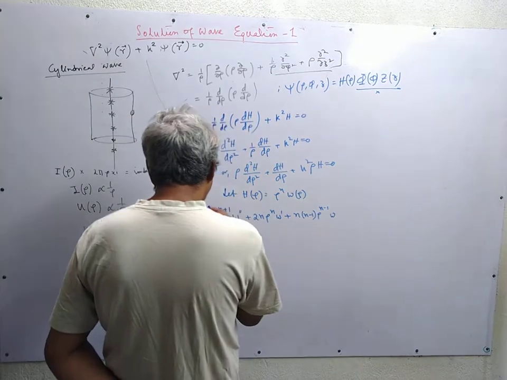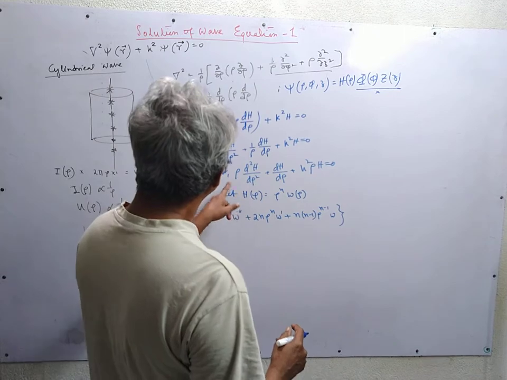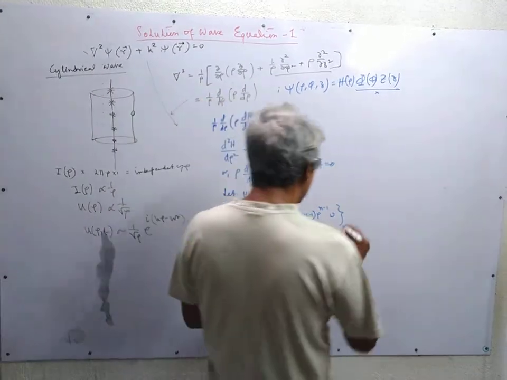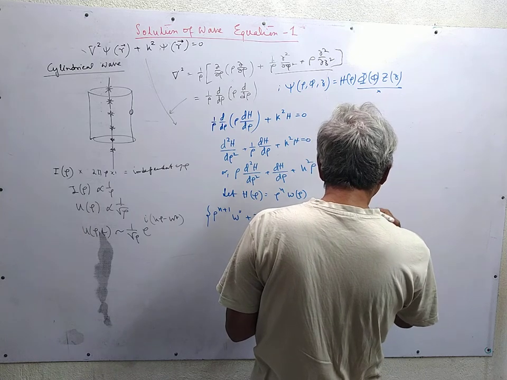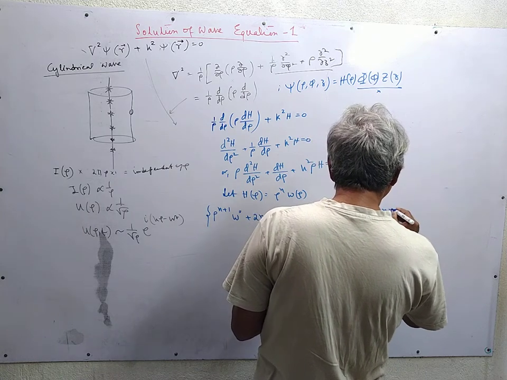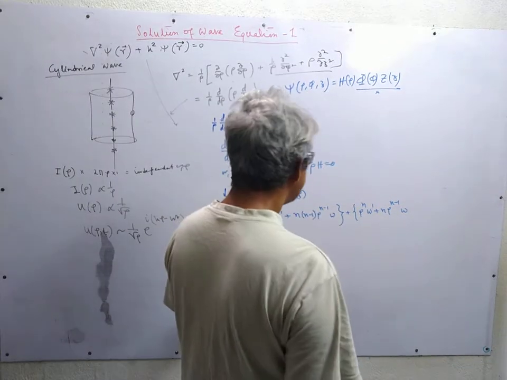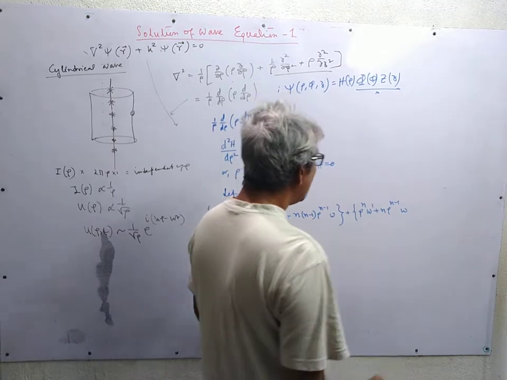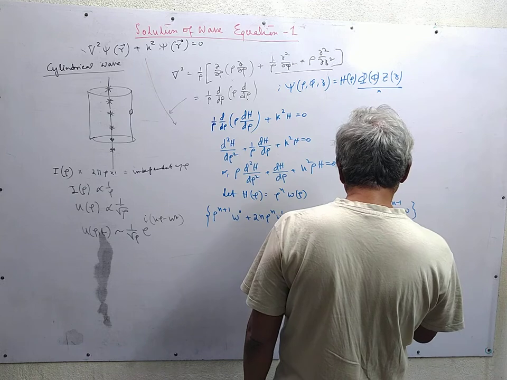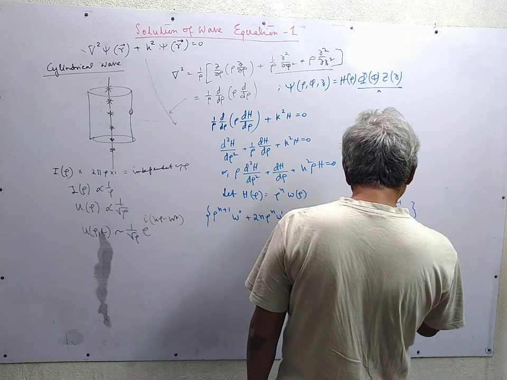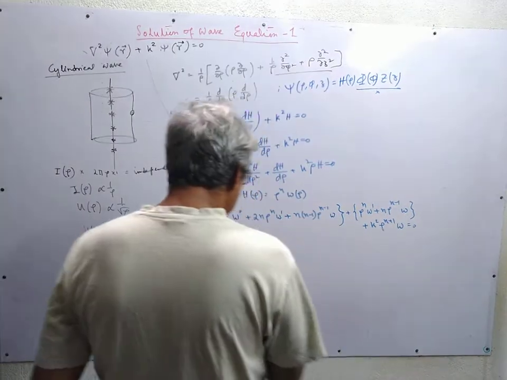From the second term we have rho to the power n w prime plus n rho to the power n minus 1 w. And finally the last term is k squared rho to the power n plus 1 w, equal to 0.